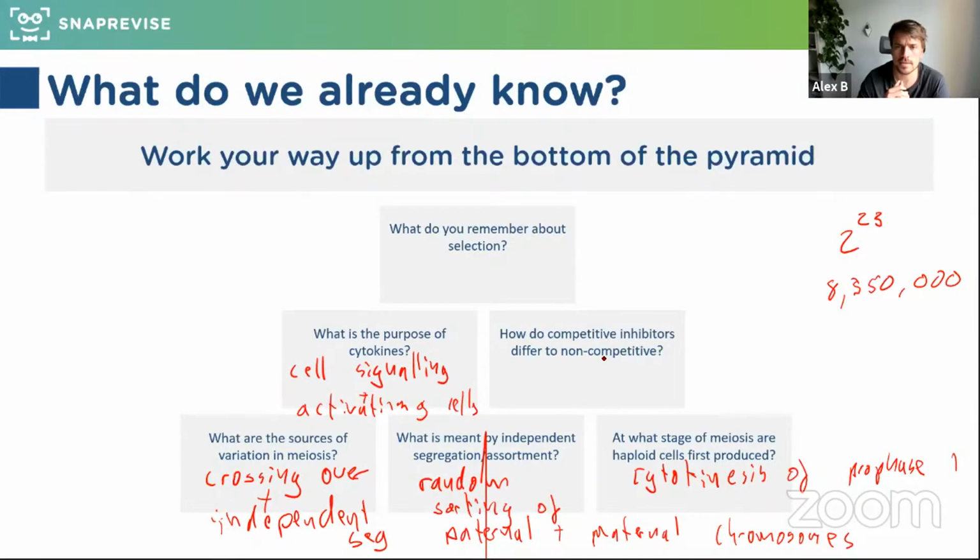Yeah, nice. I don't think anyone's mentioned permanentness. So generally, competitive is temporarily blocking the active site. Often allosteric ones can be permanent, but there are temporary and permanent ones of both.